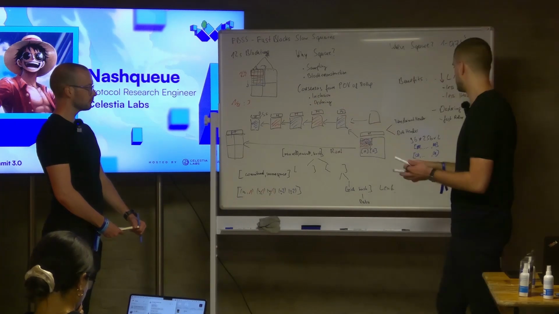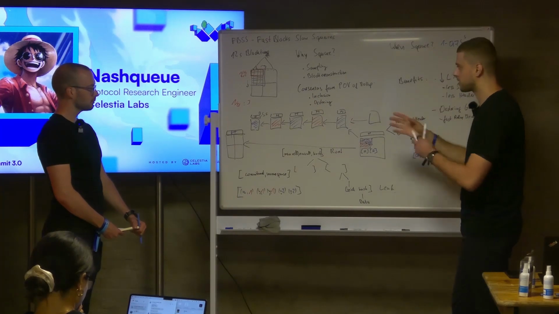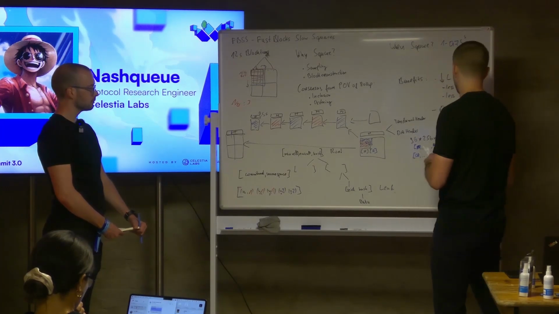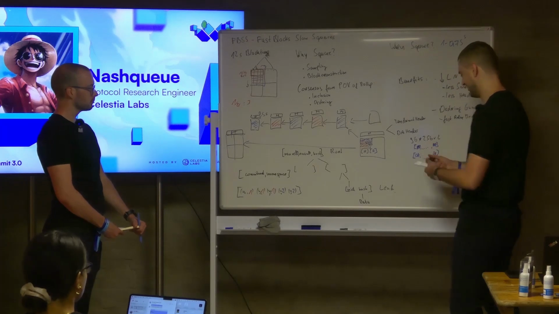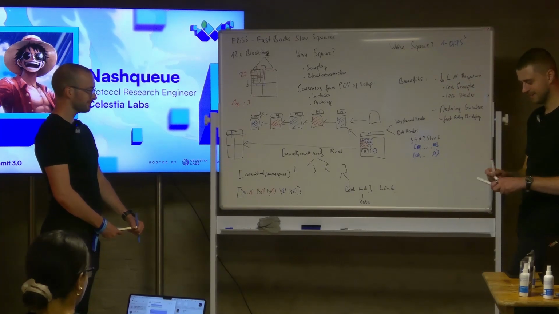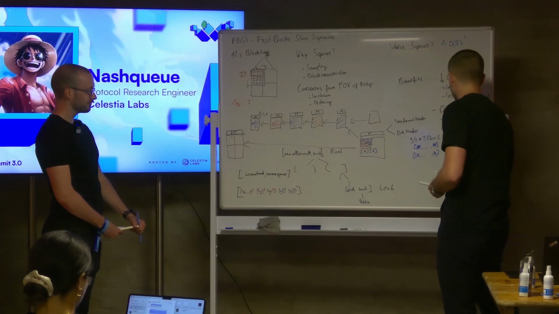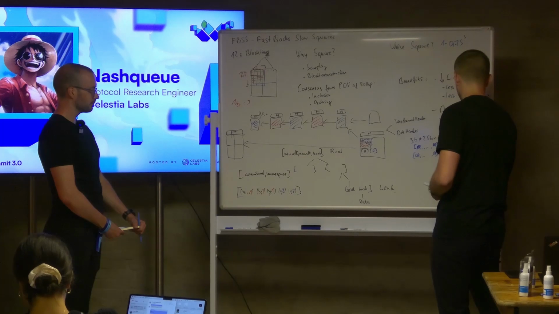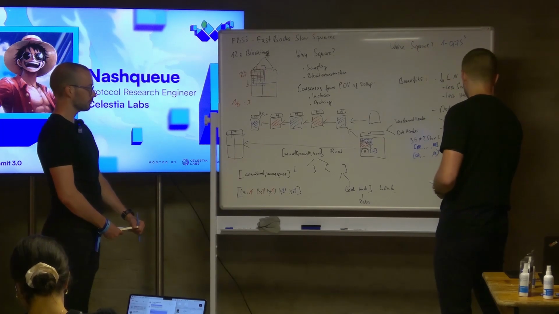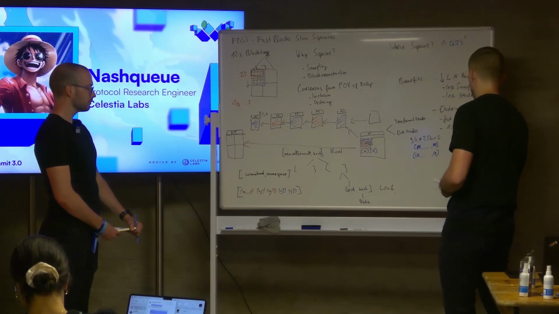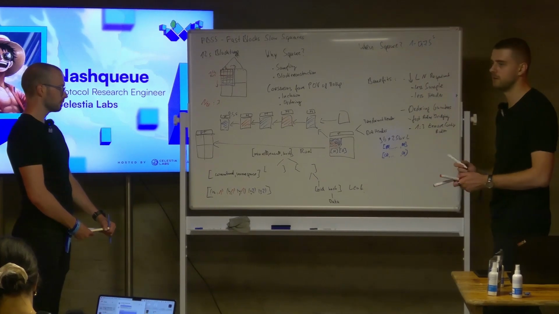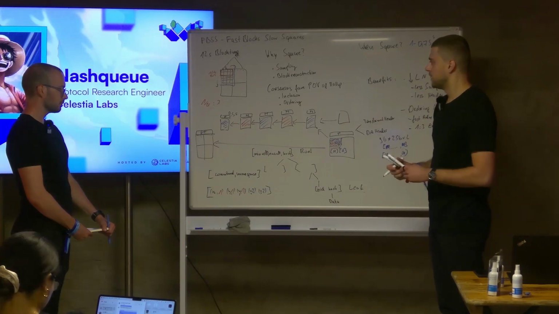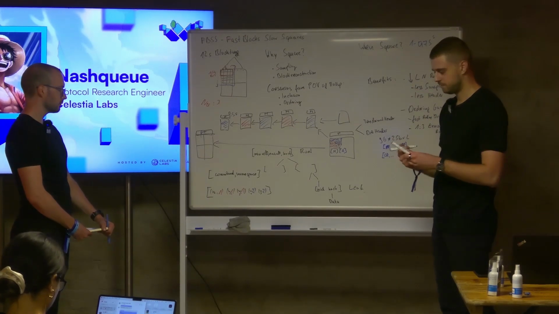So the erasure coding ratio is 1 to 3, which is a huge improvement on the worst-case storage requirements for full nodes.